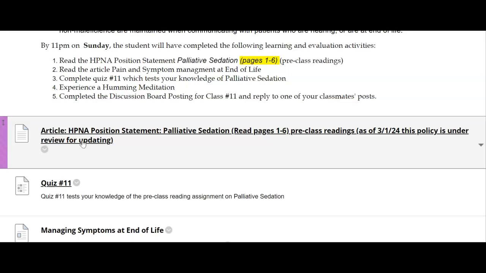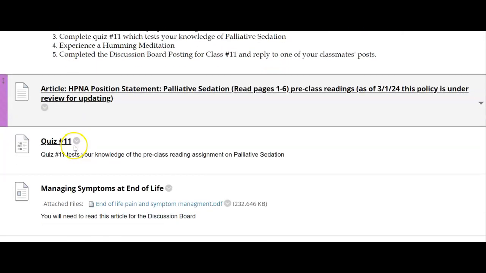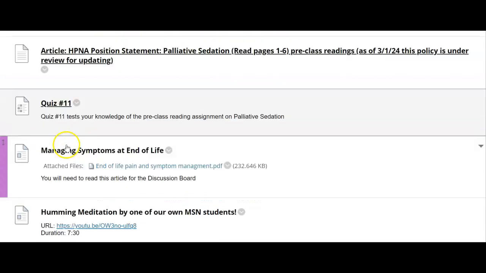It is not to hasten death, but sometimes administering the sedation can in essence hasten death. So it's interesting to understand what the double effect is in palliative sedation. That information is found here, quiz 11.